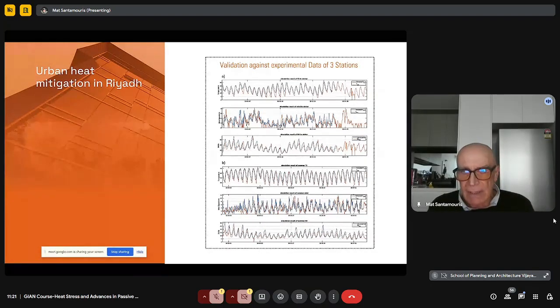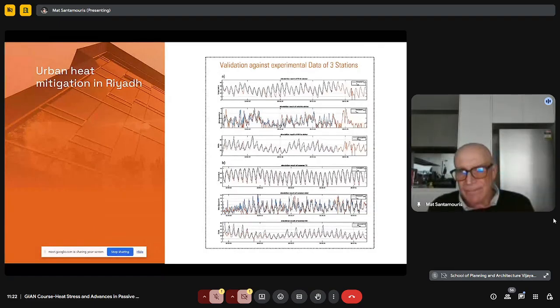And we compared the results against the existing climatic data under the same boundary climatic and other conditions. You can see the results of this comparison. You can understand that the simulations were really accurate and could predict the existing climatic conditions with sufficient accuracy.